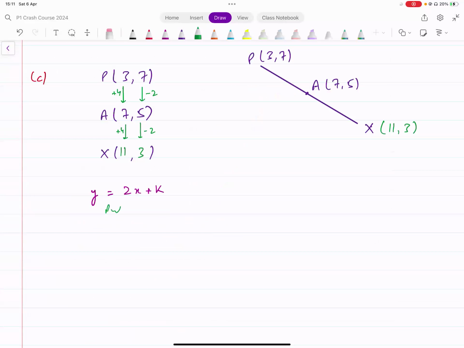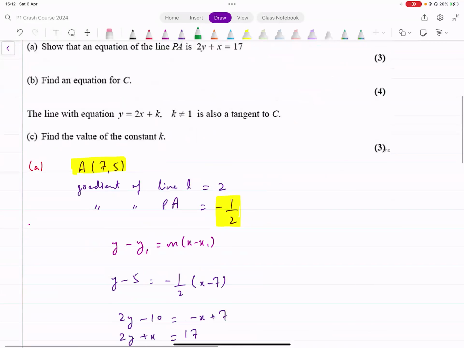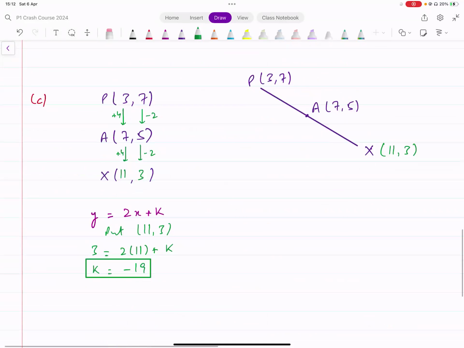We can put 11 and 3 here, and that gives us 3 equals 2 into 11 plus k, and the value of k turns out to be minus 19. And that's what we were looking for. K is supposed to be minus 19, right? And that's what we wanted to find.